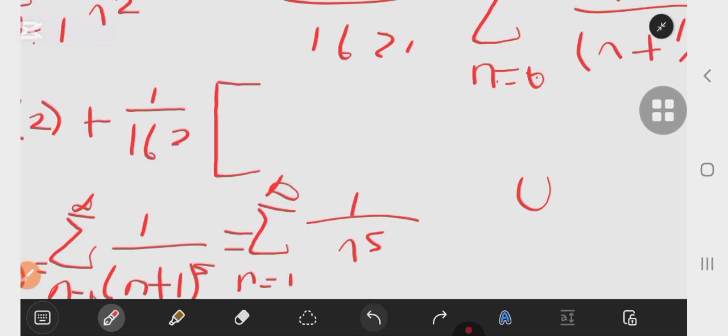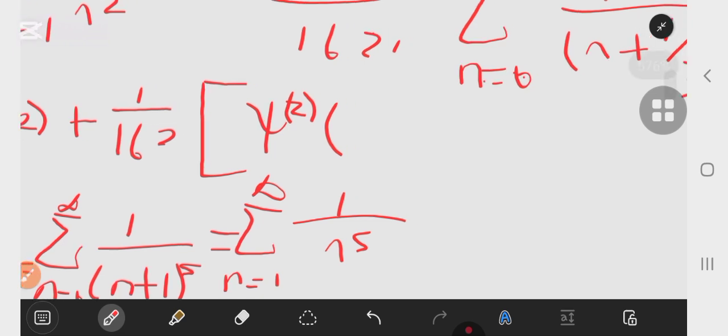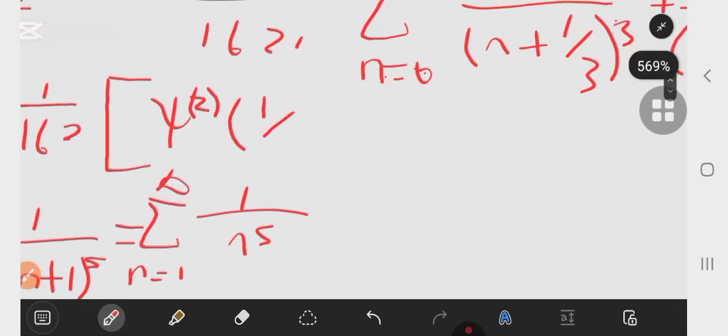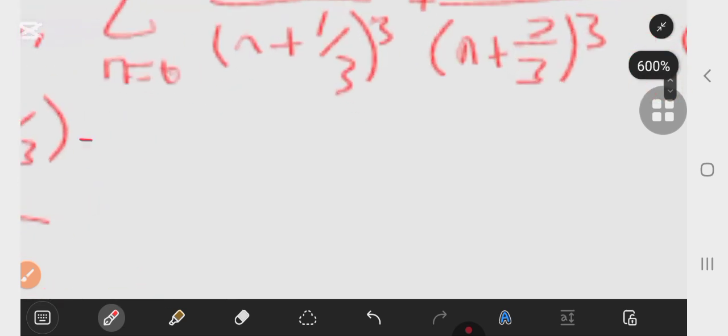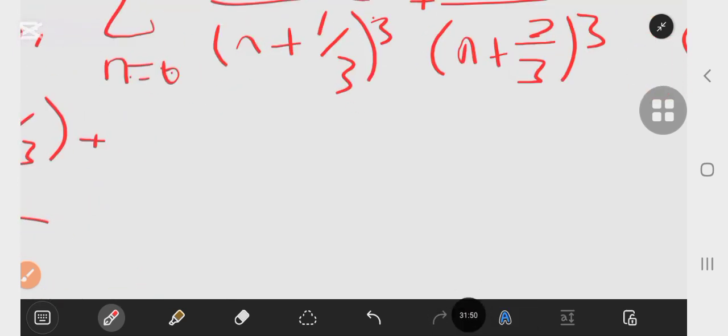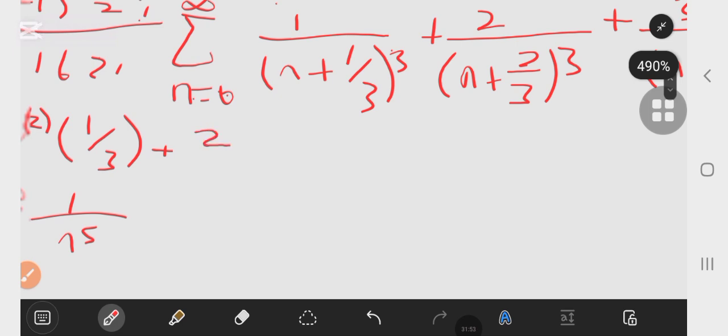So this is the same as Trigamma 1/3, then plus 2 Trigamma 2/3.